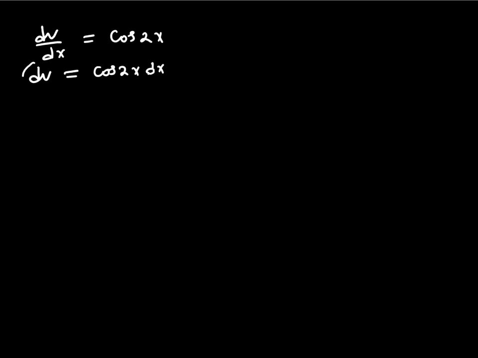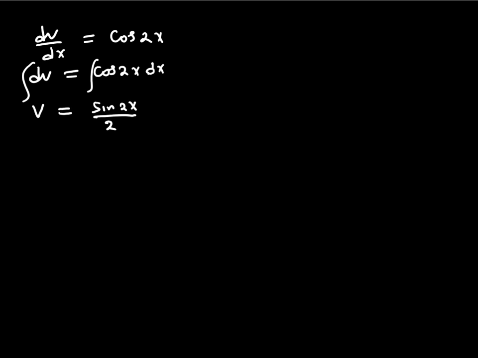Integrate both sides. So v will be equal to, when we integrate a cosine, we get a sine of 2x. Differentiate that angle 2x and divide by that derivative, which is 2. Now we feed in the formula and see what we end up with.